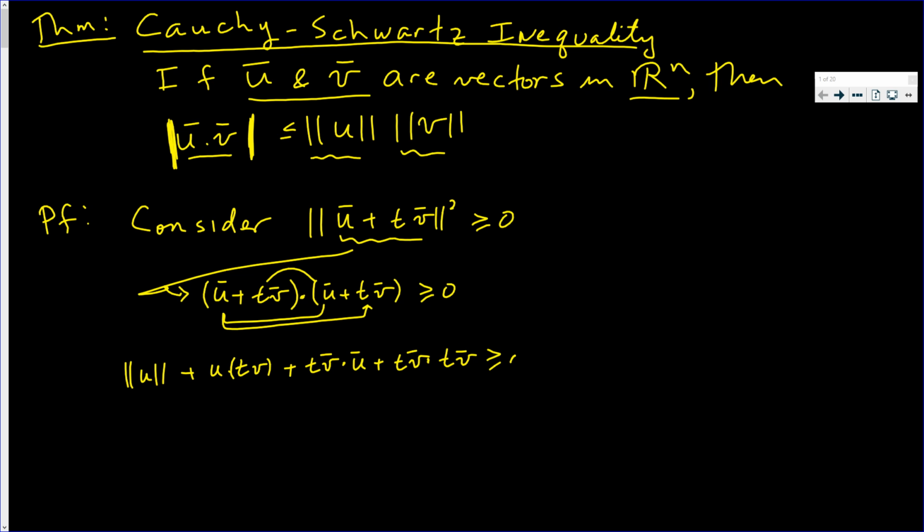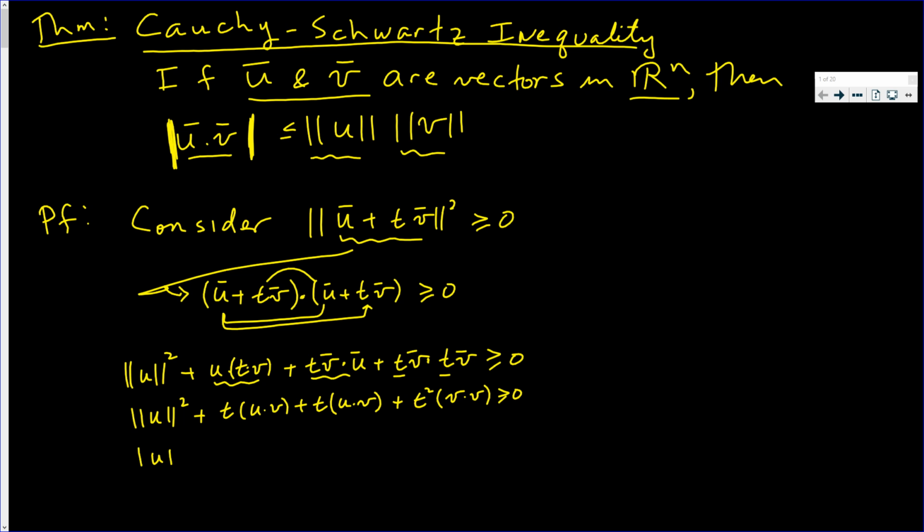And we know this is at least 0. So, we have the length of u squared plus, now this here is the same as the scalar times u dot v, plus the scalar times v dot u, which is the same as u dot v, plus t squared times v dot v, and this is known to be positive.